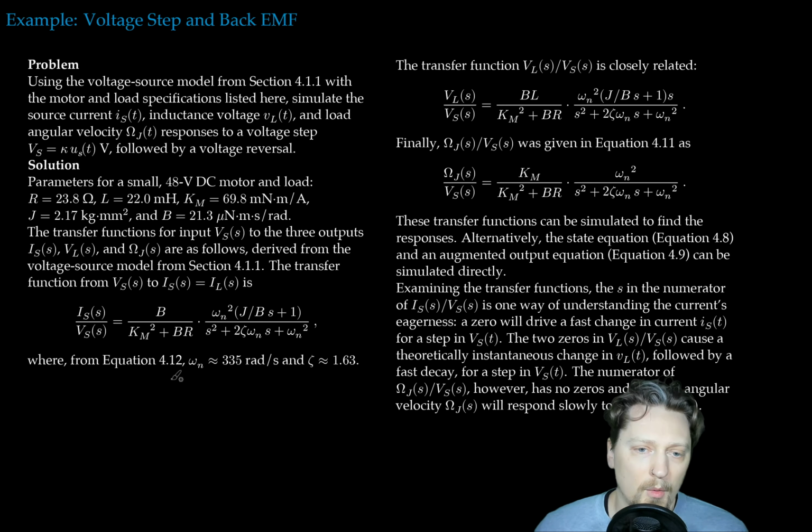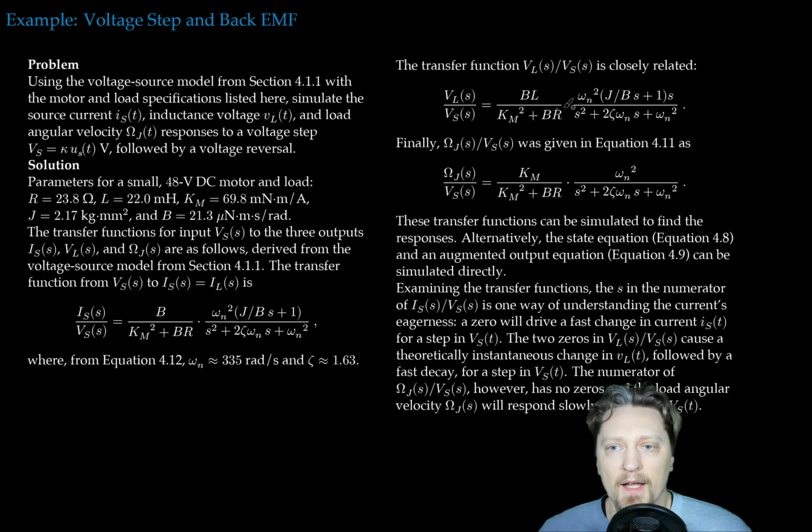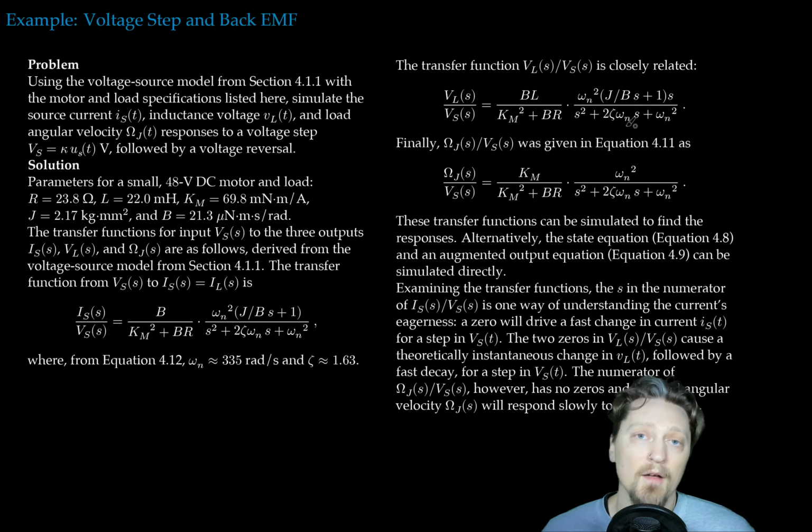From equation 4.12, we have the natural frequency being 335 radians per second, and the damping ratio being about 1.63. The transfer function VL over Vs is closely related; it's always going to be the same denominator, and we have two zeros in this case for VL. Finally, we have omega j over Vs, this transfer function, which has no zeros.